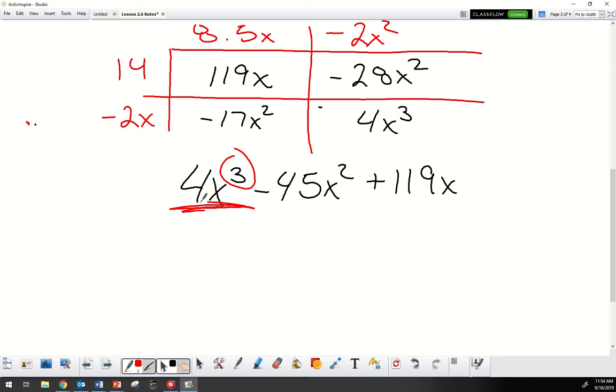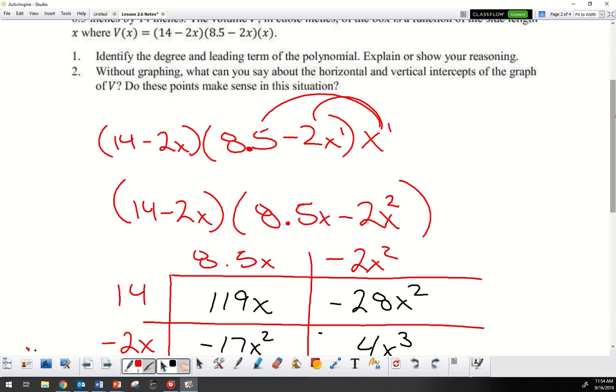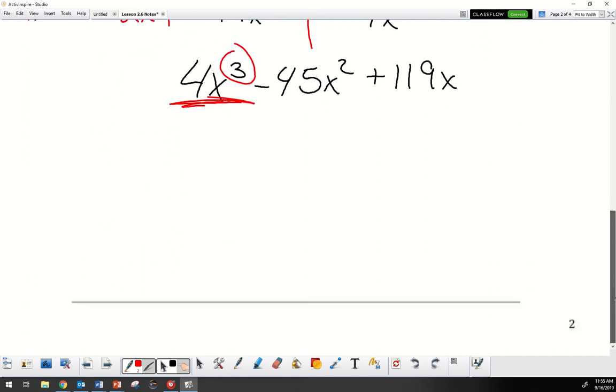So the second part says, without graphing, what can you say about the horizontal and vertical intercepts of the graph of V? Do these points make sense in this situation? All right, so I'm going to go back to its factored form. In the factored form, it was 14 minus 2x.